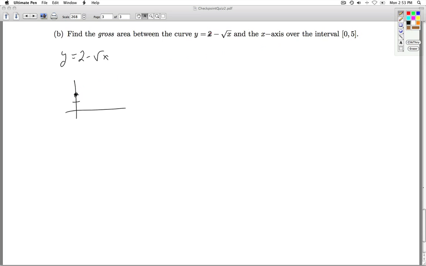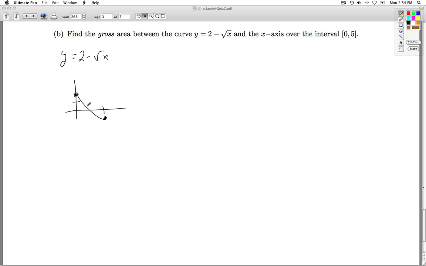When x equals 5, I get 2 minus the square root of 5. And what's 2 minus the square root of 5? Well, the square root of 5 is bigger than the square root of 4, which means by the time I get to 5, I've got a negative number down here. So somewhere it's got to cross the x-axis.